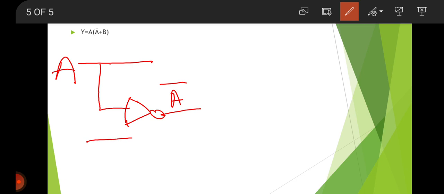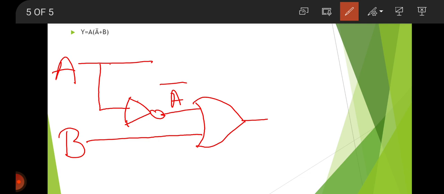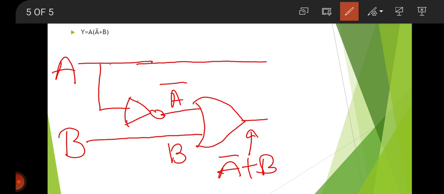Then this is B. Simply addition, meaning the OR gate is present. Then here it comes A bar + B. Then this A comes here and the AND operation.